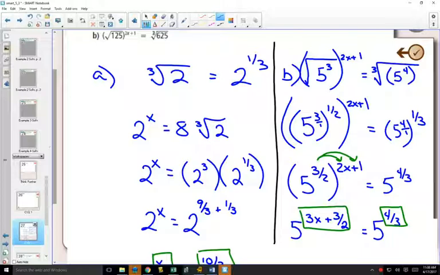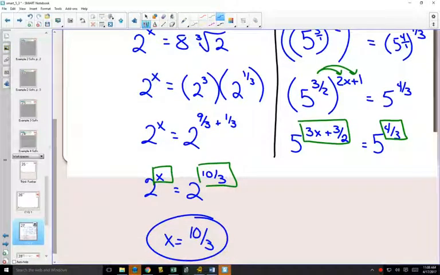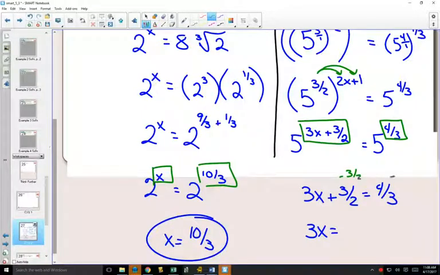In that case, this time I have more math that needs to be done. Because if the exponents are the same, then 3x plus 3/2 equals 4/3. And now we have to solve for x here. So if you're solving for x normally, one of the things you could do is subtract the 3/2 on both sides.